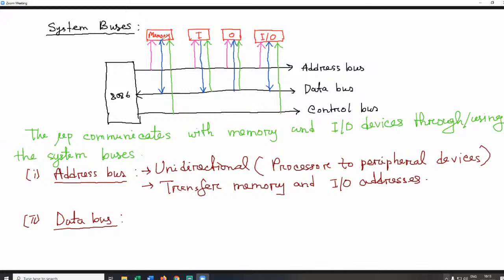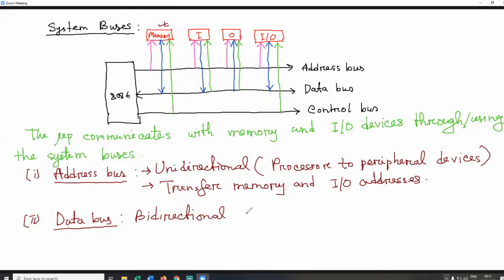So you can send data to the memory devices, and you can receive data from the memory devices as well. That's why the data bus is called bidirectional. So you can say this is to and from the processor. It goes to the processor and it comes from the processor as well. So there are two directions. That's why it is called bidirectional.